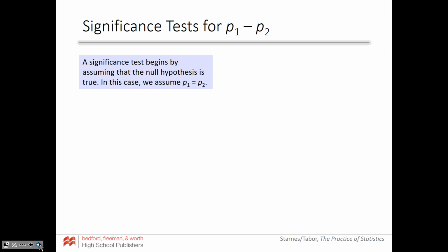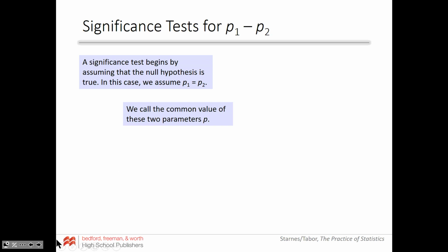That's the whole point of a hypothesis test. We assume the null hypothesis is true, and then we look at the evidence gathered from our sample data to see if it gives us evidence that maybe H0 isn't true.